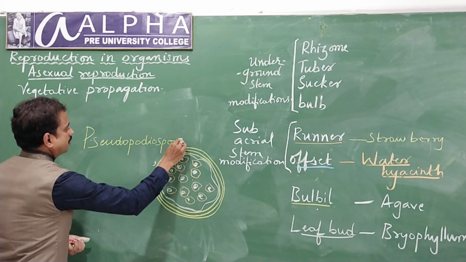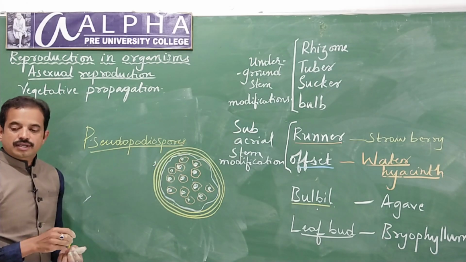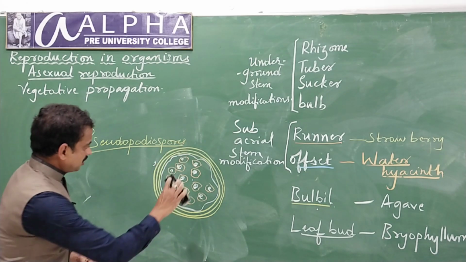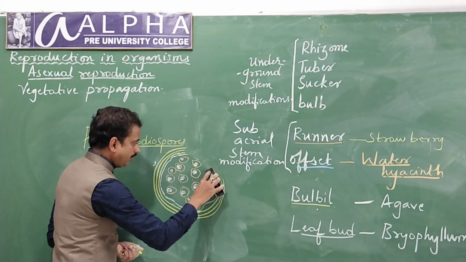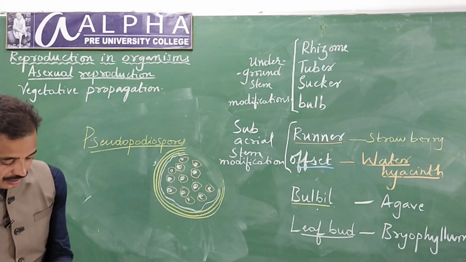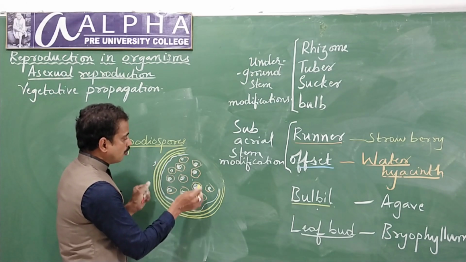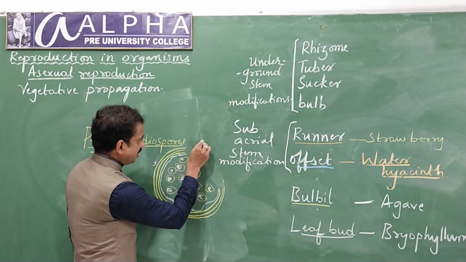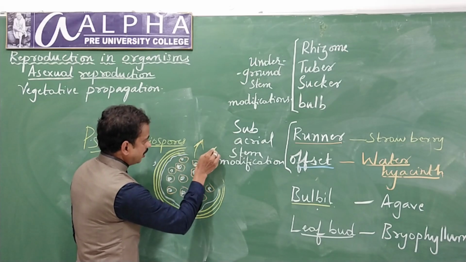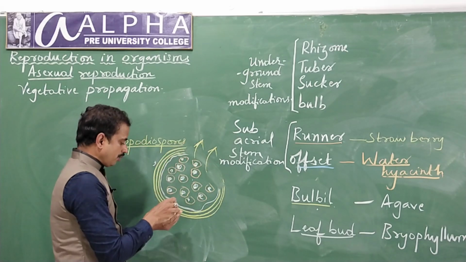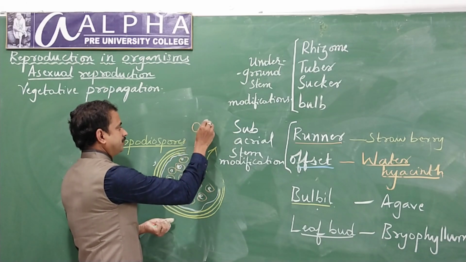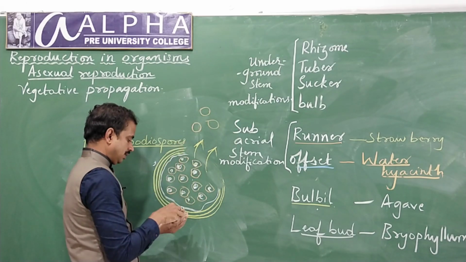Pseudopodiospores, right? And this cyst wall will be broken. The amoeba will break open the encysted structure, and these pseudopodiospores are released outside, like this.